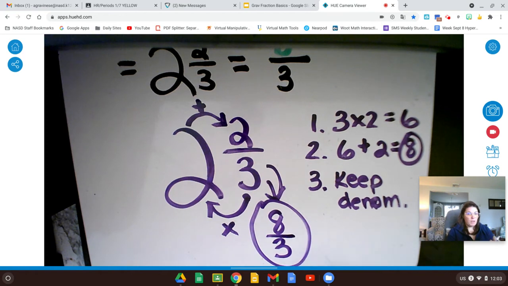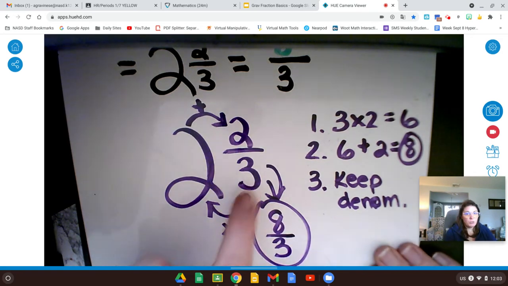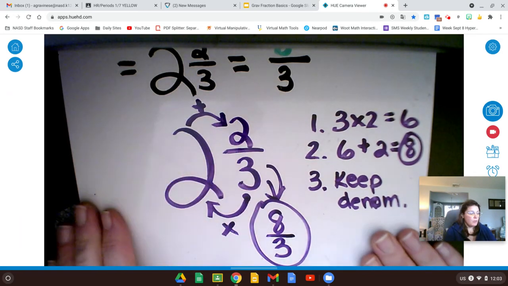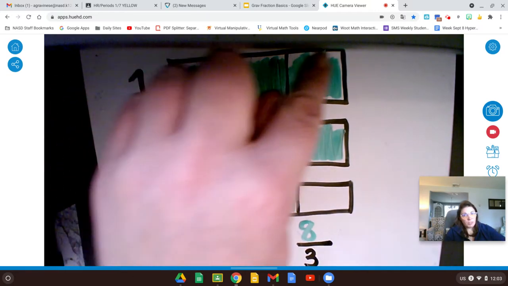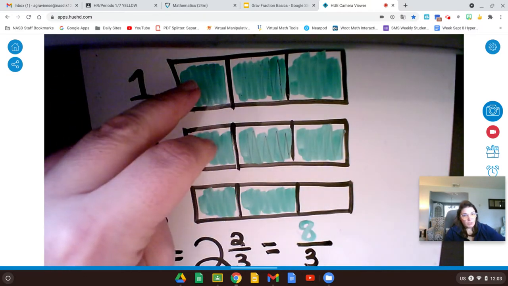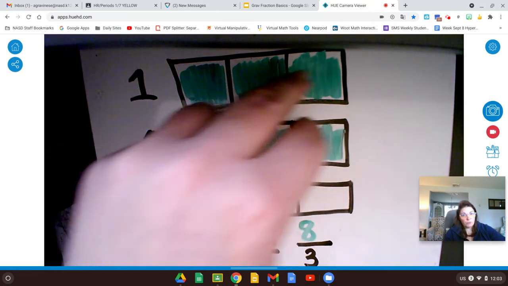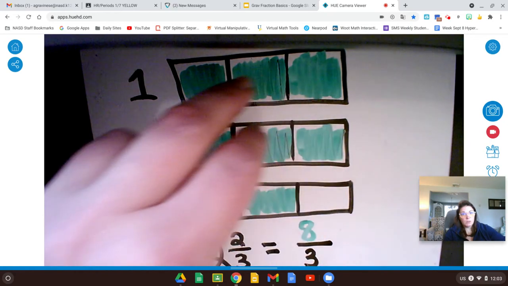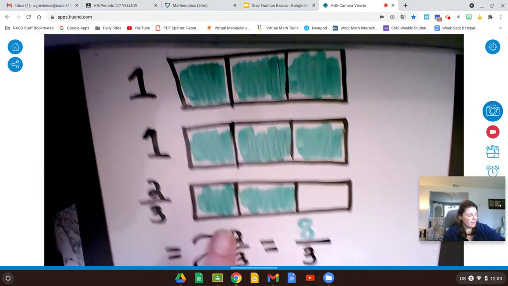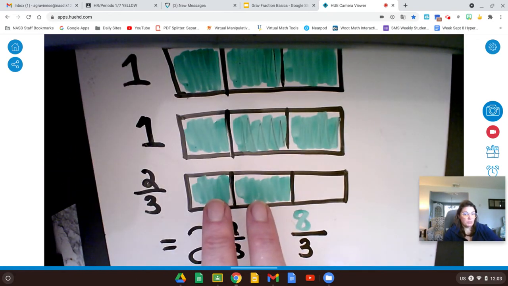And think about why. If we take our first step, 3, the denominator, times 2, the whole number, that's because we had groups of 3 twice. We have 2 groups of 3, 3 times 2, and that got us our 6 pieces. But then we add to that 2 additional pieces.